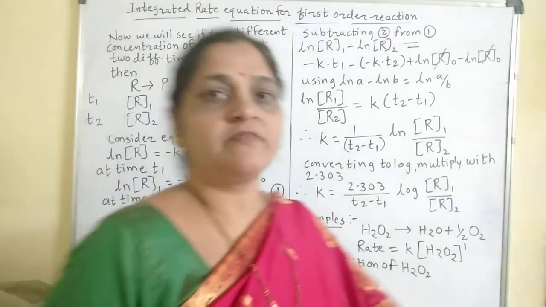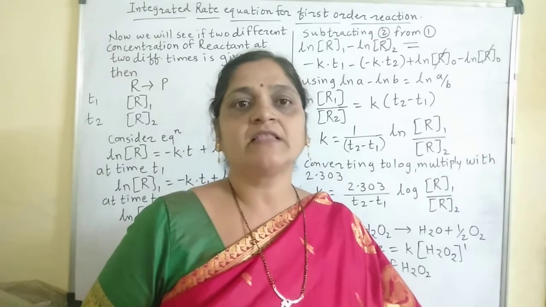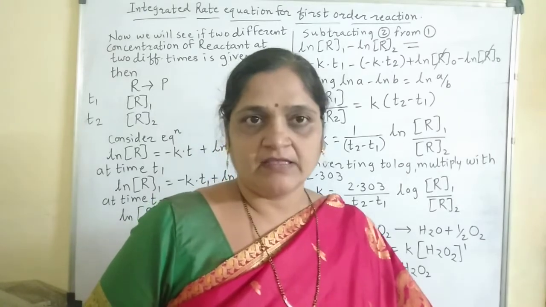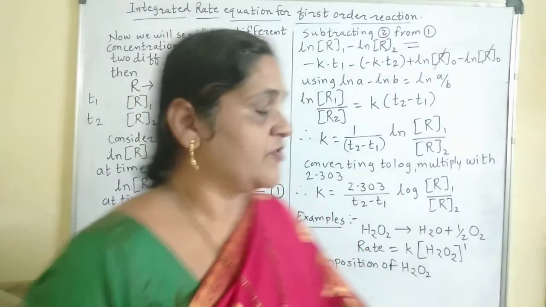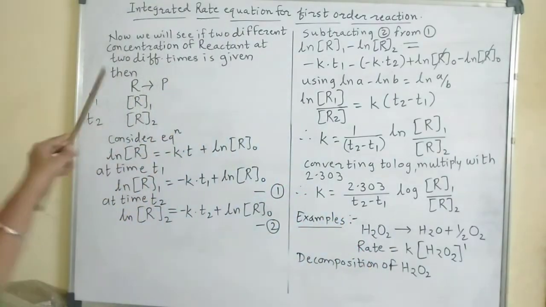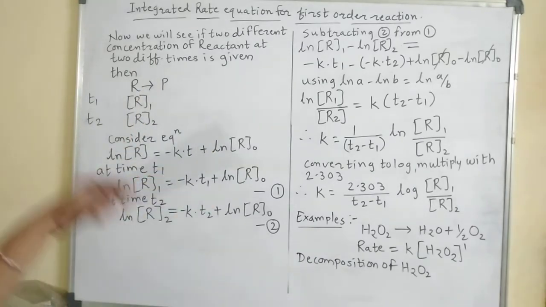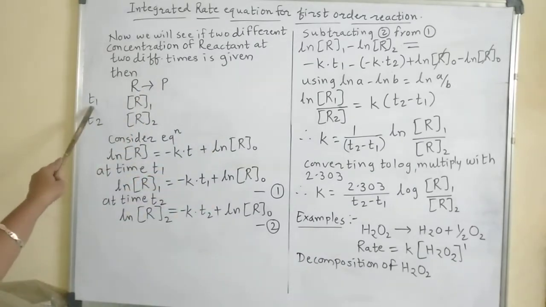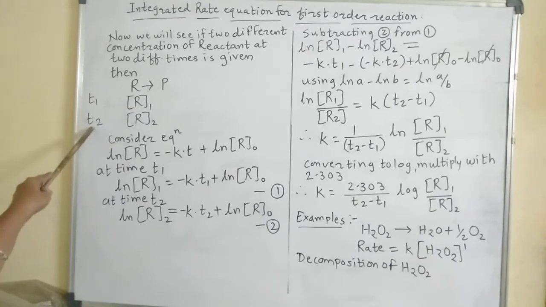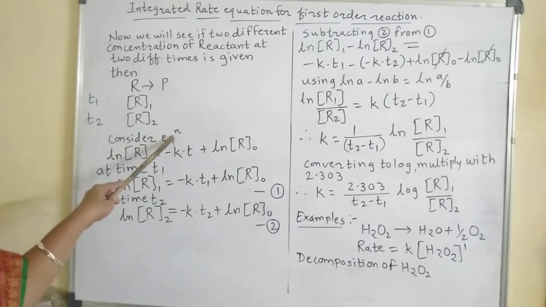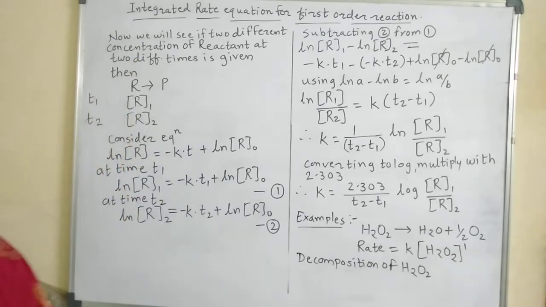Now students, we are going to see when two different concentrations are given at two different times, how you are going to calculate the rate constant. So consider here the reaction R to P that we have already considered. At time t0, concentration of R is R0.